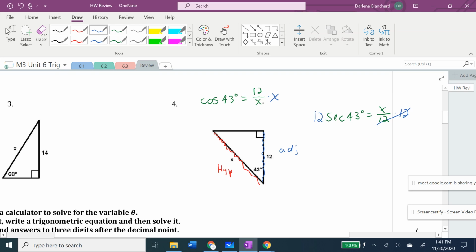Multiply both sides by x, and then divide both sides by the cosine of 43. And let's check. I'm going to wait for you to tell me what you got. Is it 16.407? Yes, you got it. Thank you.